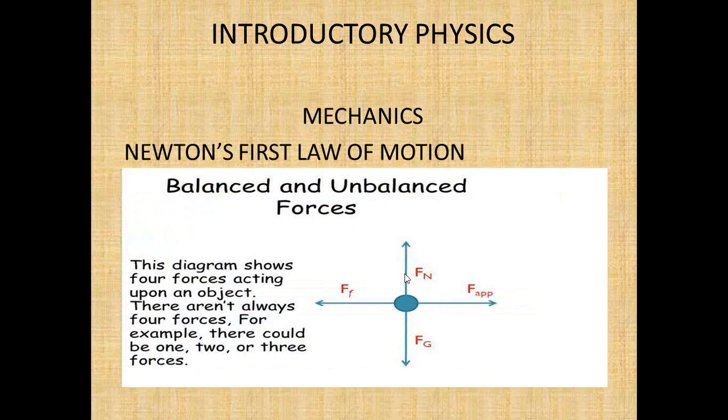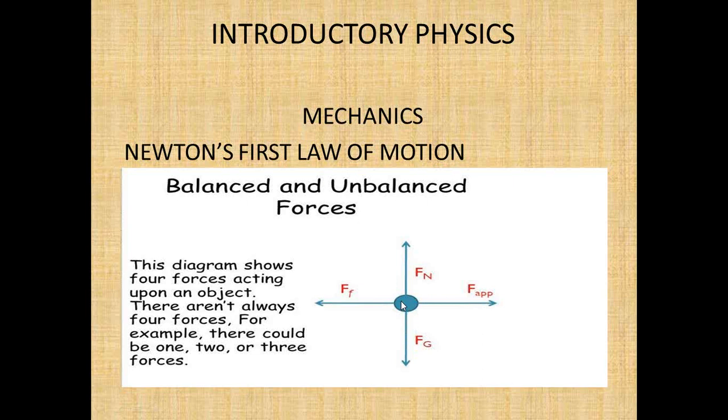So the normal force is going to be upwards, and the force due to gravity is going to be downward. And then if someone is pushing you or pulling you, that's what we call the applied force, and it's going to be in that direction.